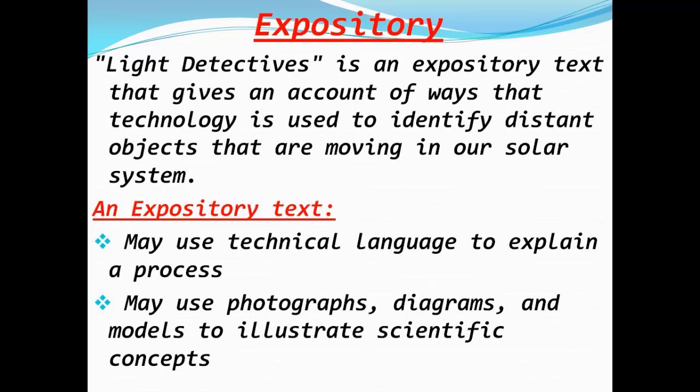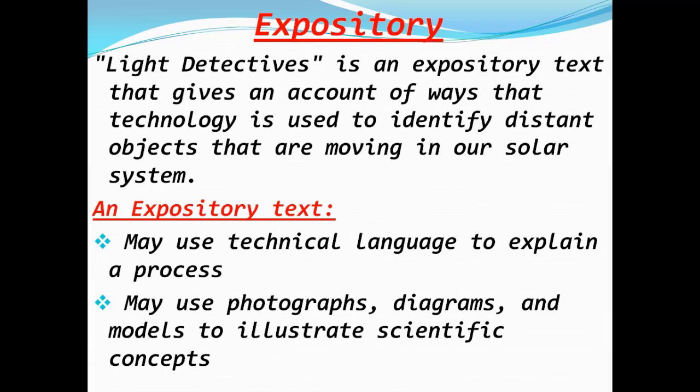The Light Detectives is an expository text that gives an account of ways that technology is used to identify distant objects that are moving in our solar system, the objects which are far away.